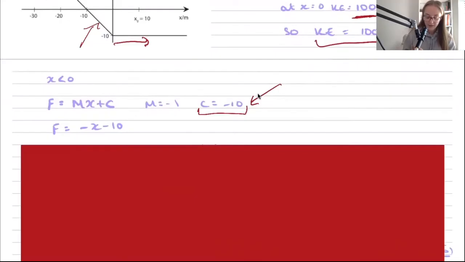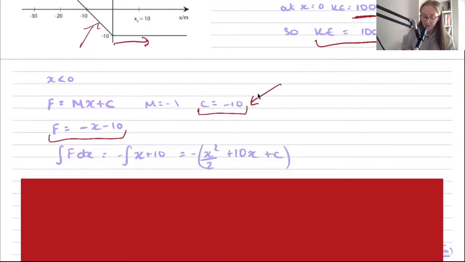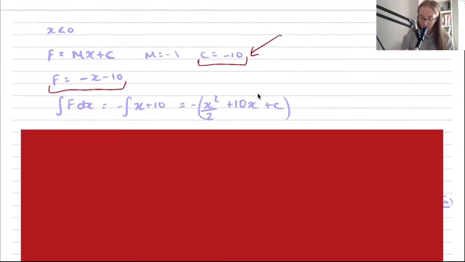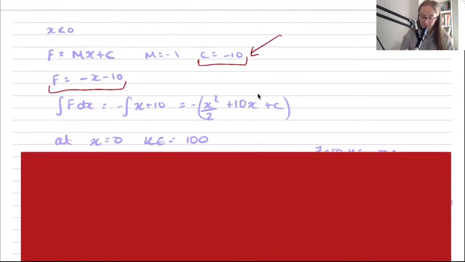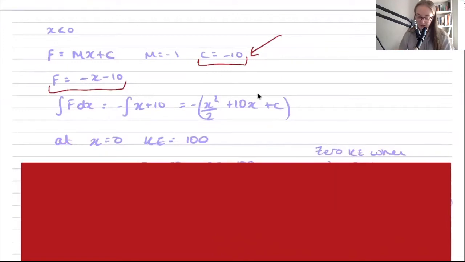So we can say that our equation for our graph is f equals minus x minus 10. And then if we integrate that to get an expression for the area, we end up with x squared over 2 plus 10x plus c, and that's all negative.